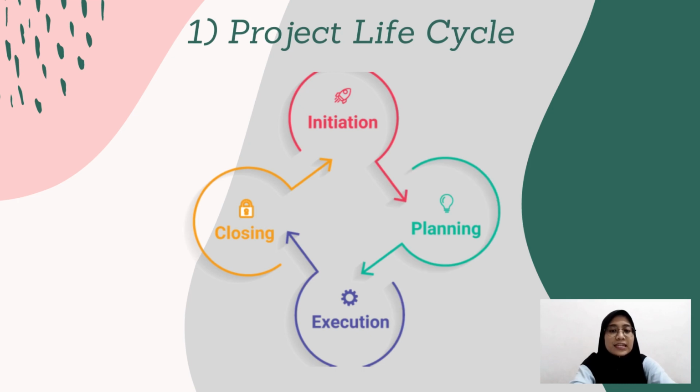So now we will discuss the first process in construction technology, which is the project life cycle. As we can see on this slide, it shows the 4 phases involved. The first is the initiation phase.